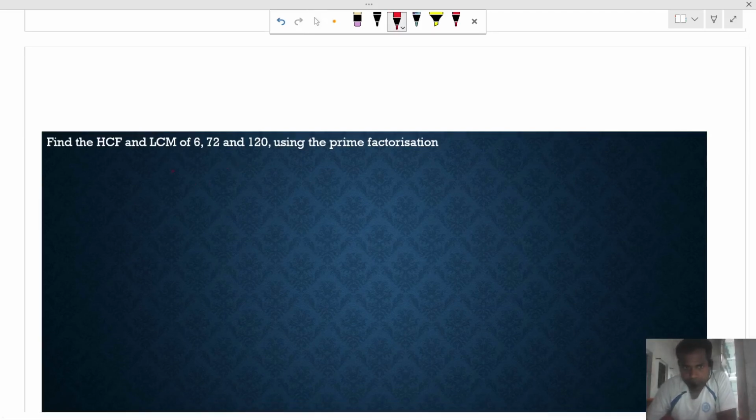First make prime factors. 6 is equal to 3 into 2. 72, how do I calculate? 72 is equal to 36 into 2, that will be 2 to the power 3 and 3 to the power 2.